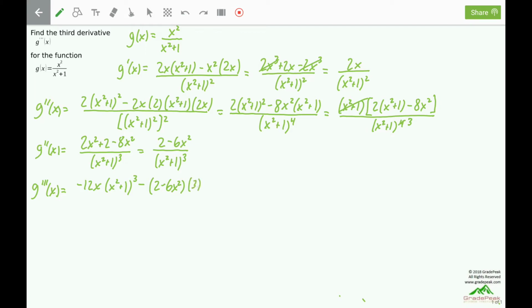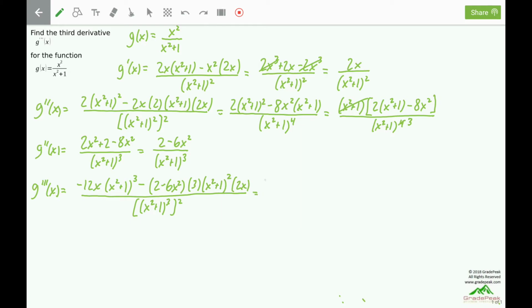We'll bring down the power 3. We'll leave the inside alone, subtract 1 from the power, and then multiply by the derivative of the inside to complete the chain rule. All of this is over the denominator squared.